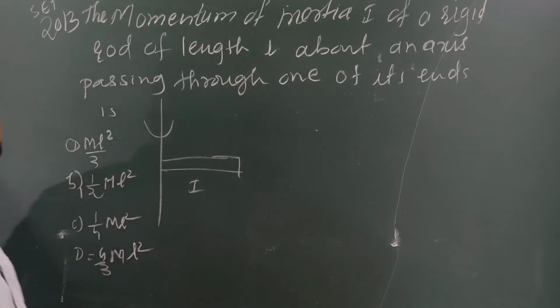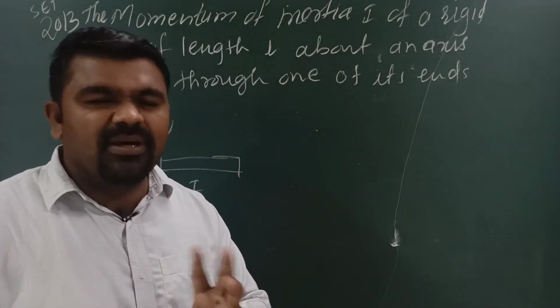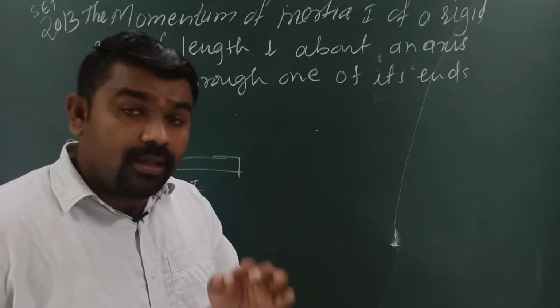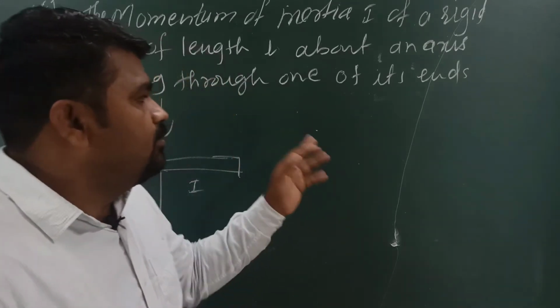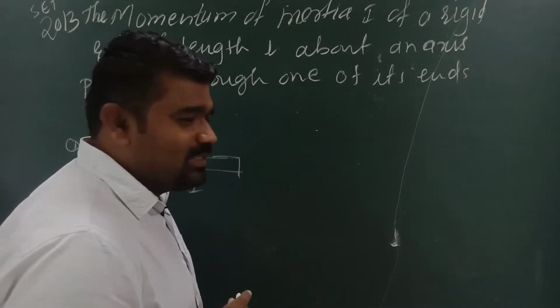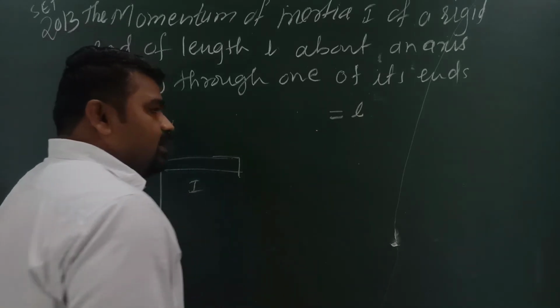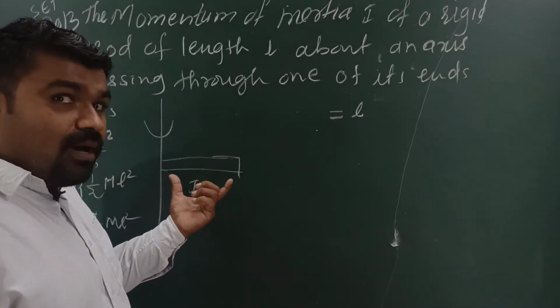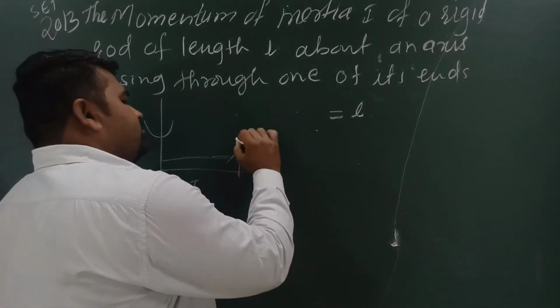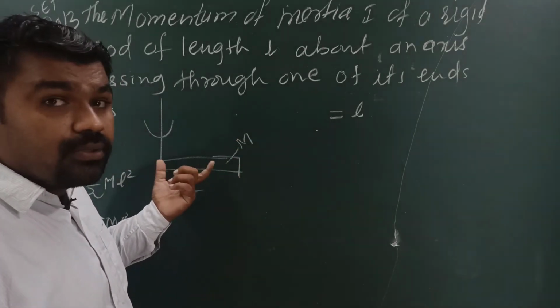Now, always memorize some basic things. We can find the moment of inertia for any mass or any shape of body. Now we can say this is a rod having length L. In this L, suppose we consider capital M as the mass of the total rod.